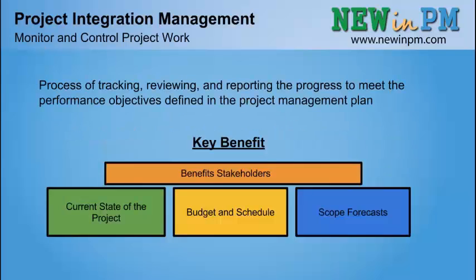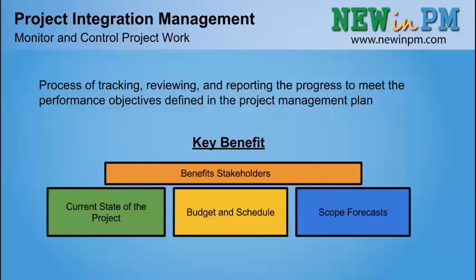So what exactly is monitoring and controlling project work? It is a process of tracking, reviewing, and reporting the progress to meet the performance objectives defined in the project management plan.